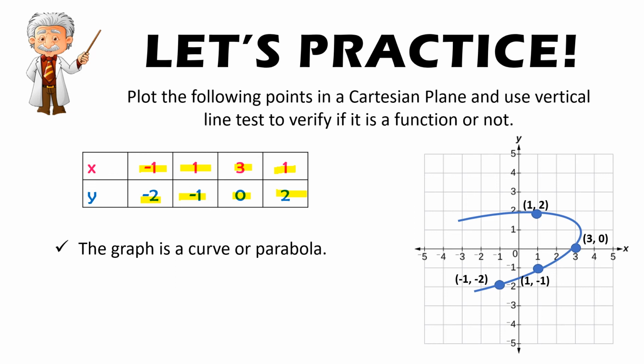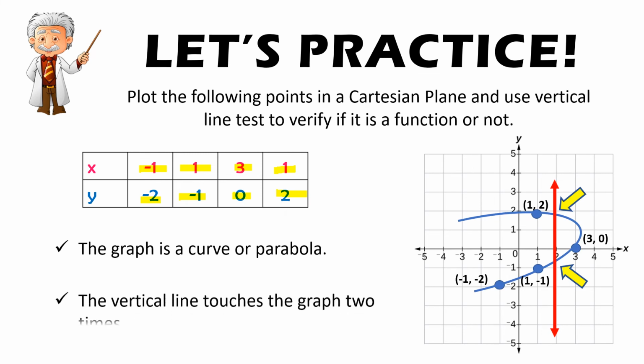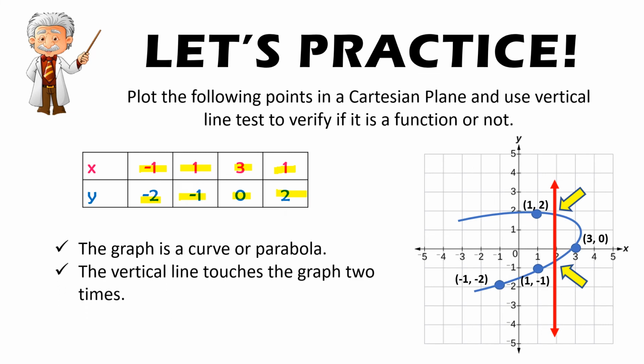Okay? Now, if we try to draw a vertical line through the graph, okay, i-move natin. Yan, move. Ilang beses siya nag-intersect sa graph natin? Dalawa. So, meaning to say, since dalawang beses siya nag-intersect, then the vertical line touches the graph 2 times, the graph is not a function.